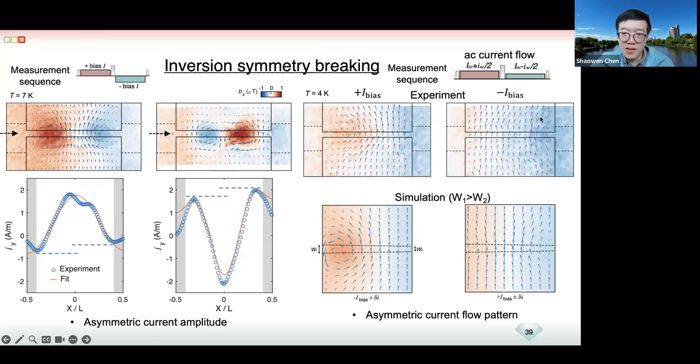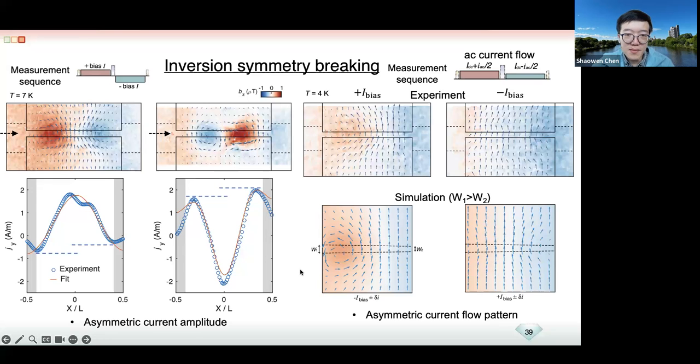We can see a loop here and no loop in the minus case. That is confirmed by our simulation, in which we introduce a small tilt of the junction width to model this asymmetric effect of the junction. So with direct measurement of the current flow, we can confirm that there is, although unintentional, inversion symmetry breaking in the junction.